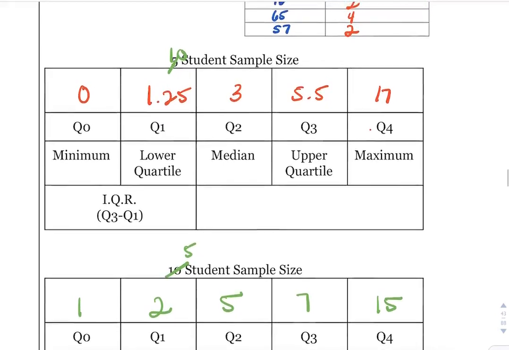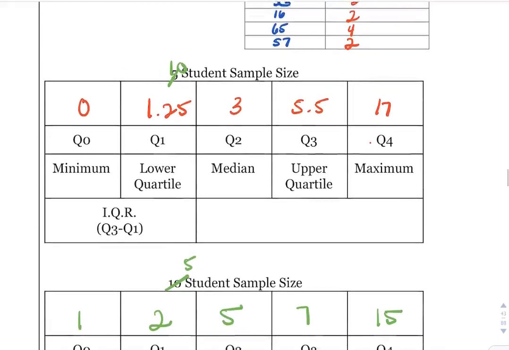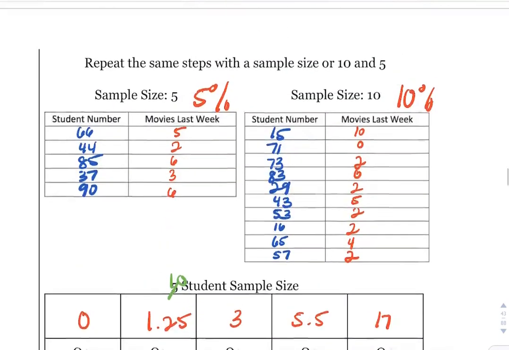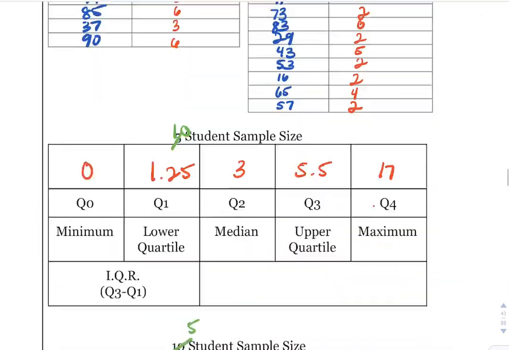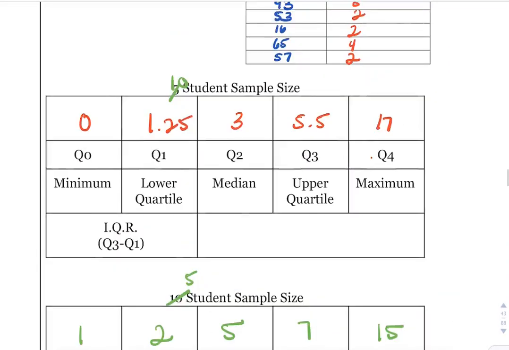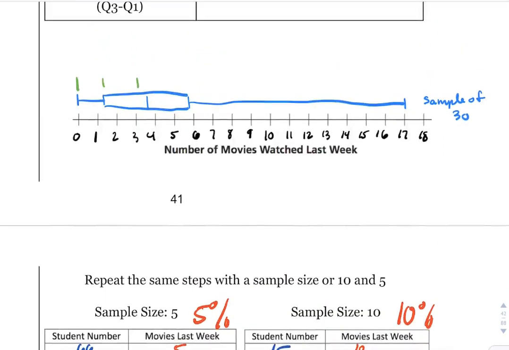Let's see. Okay, so 0, 1.25, 3, 5.5, and 17. I just noticed now that I did this in the wrong color, so I'm going to change this all to red in just a second.